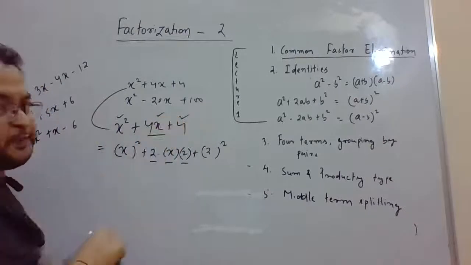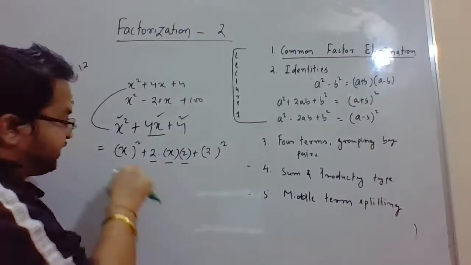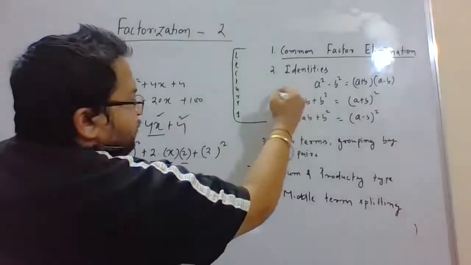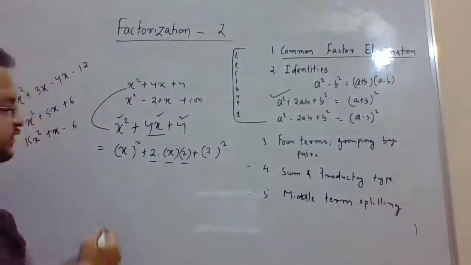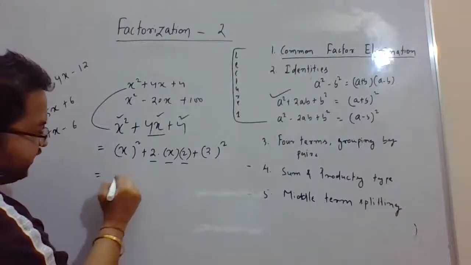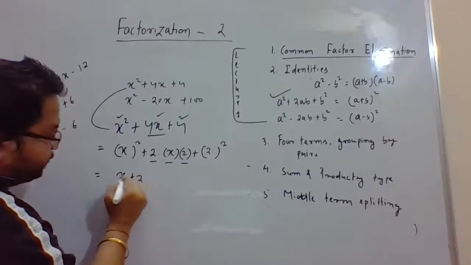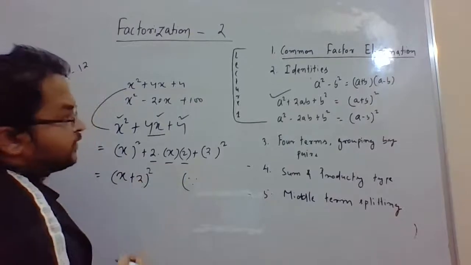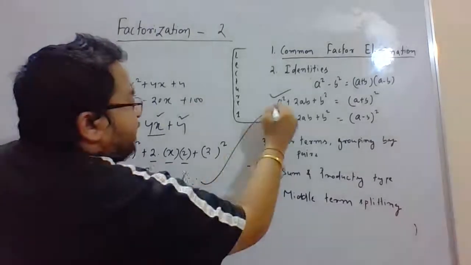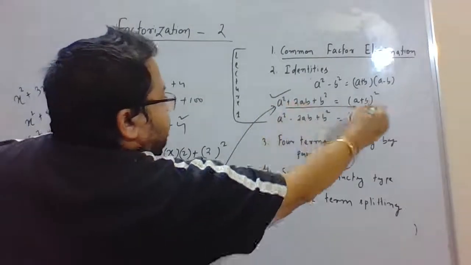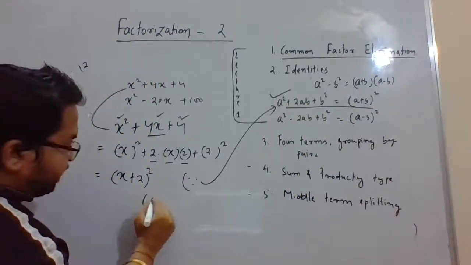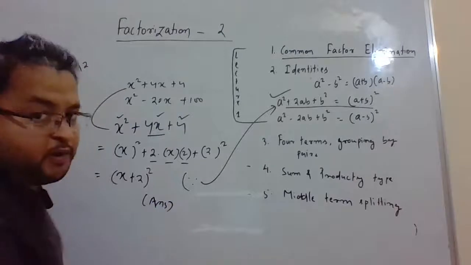So if my expression can be rewritten as a squared plus 2ab plus b squared, obviously I can use this second identity, and that's why I can write it's nothing but x plus 2 whole square, and obviously write the reason: because a squared plus 2ab plus b squared is nothing but a plus b whole square, and this is the fully factorized form of this.